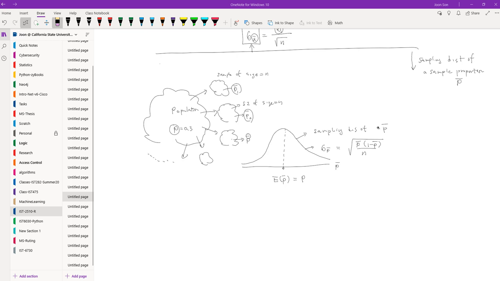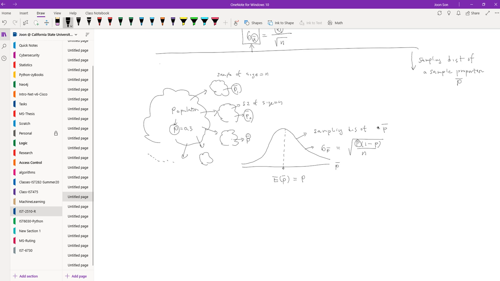Actually, I made a mistake earlier. Here p is the population proportion.